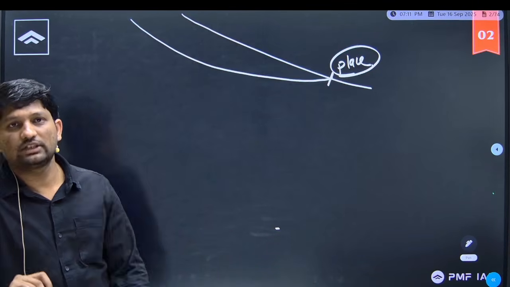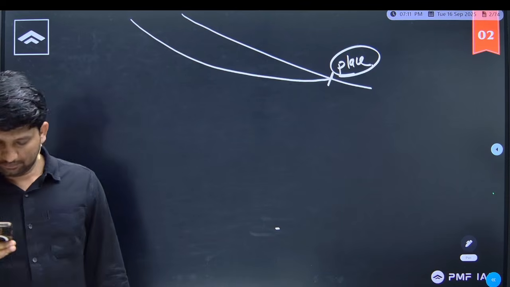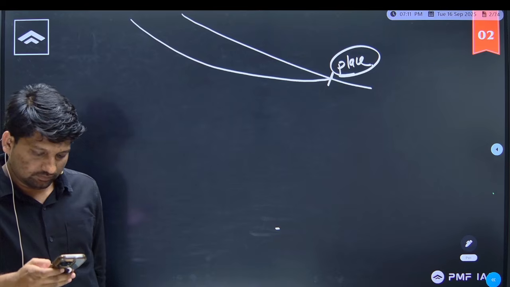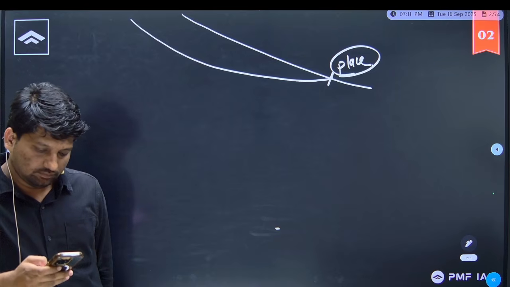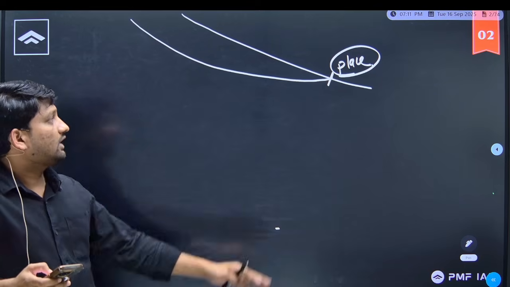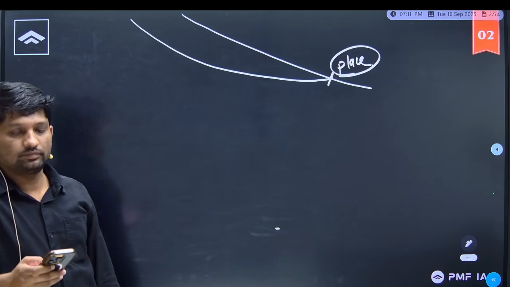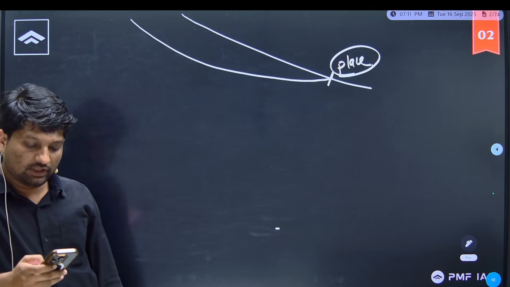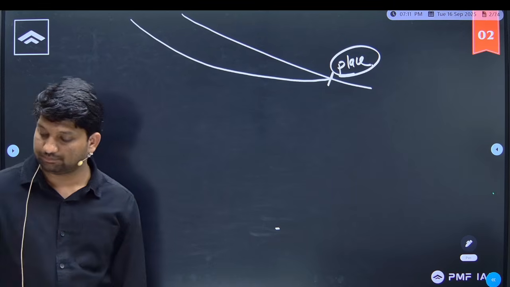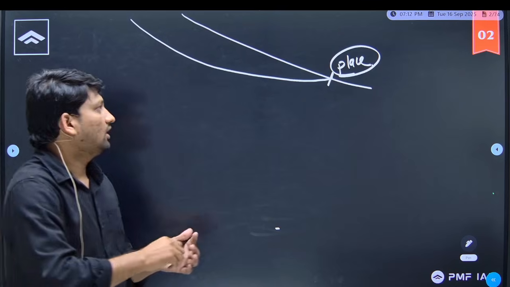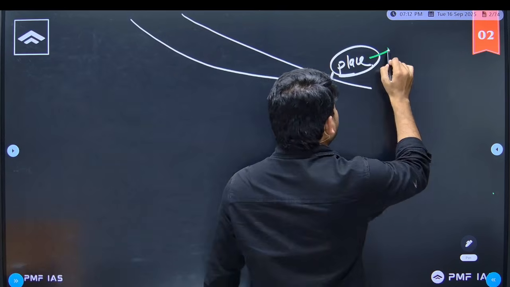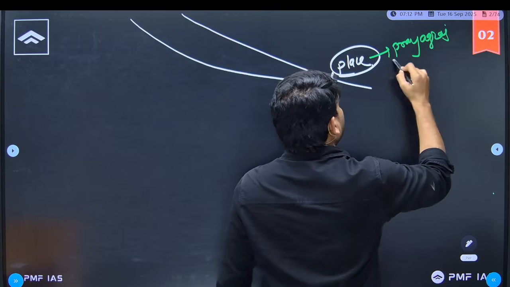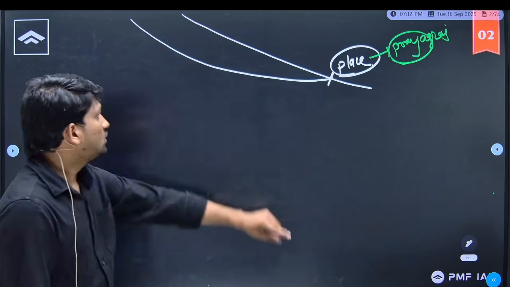What is the name of this place, where the Ganga and Yamuna meet? Triveni Sangam, Prayagraj. Okay. Earlier it was Allahabad. Now we call it Prayagraj, right?